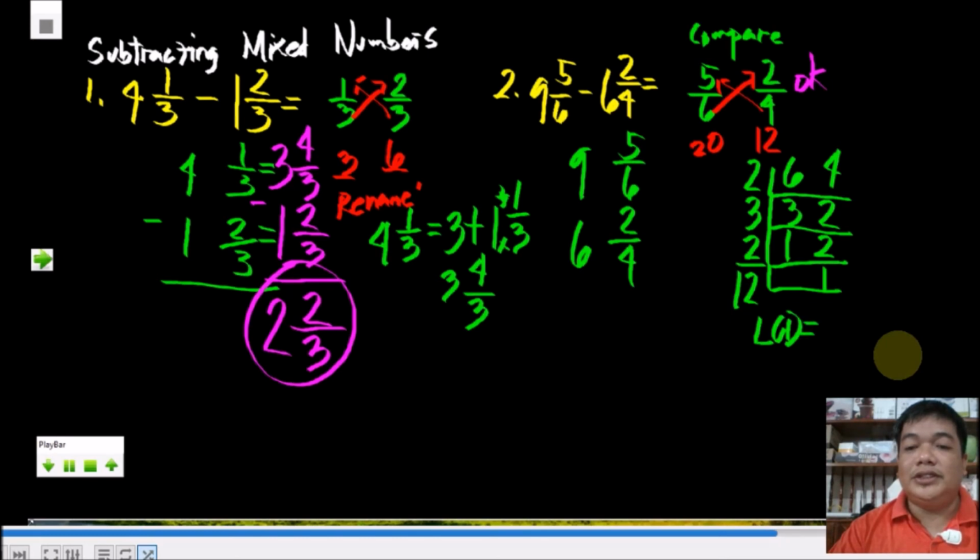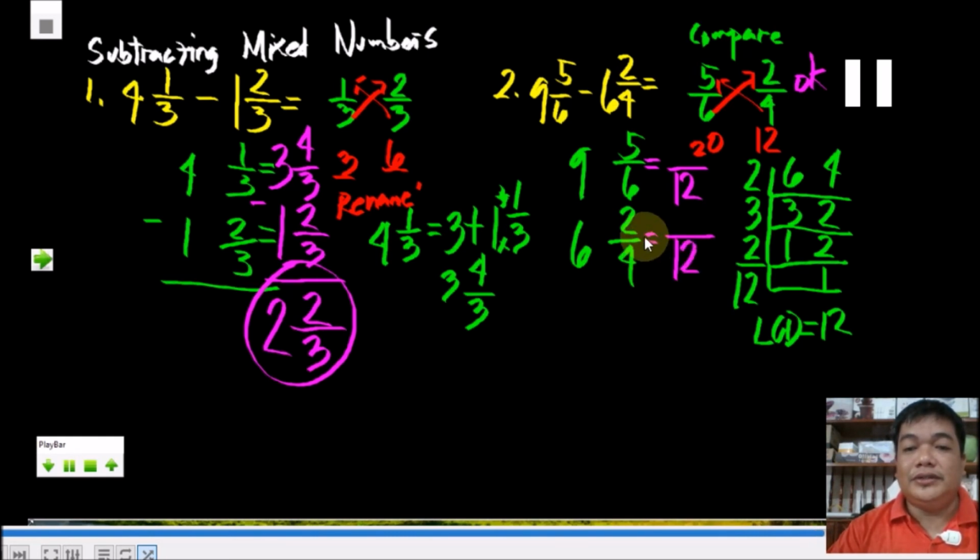So we use this 12 as our new denominator. Upon writing 12 here, what you're going to do next is divide and multiply.